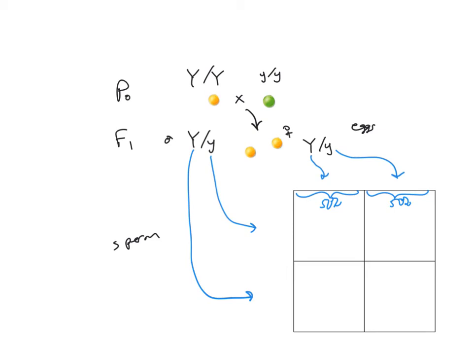And that's why we write the alleles that are present in the parent on the axes of the Punnett square. So these represent the contributions of the sperm and the eggs when they fertilize at syngamy, the combination of sperm and eggs, to produce the genotypes of the next generation, which are present inside the Punnett square.